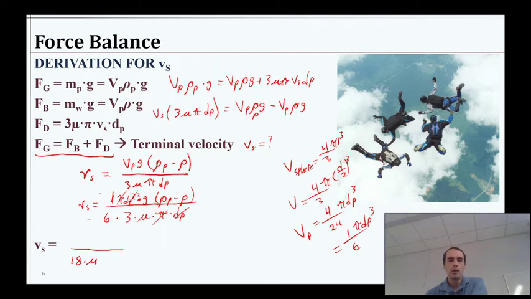So we'll end up with, and I'll just write it out exactly how our book has it, gravity times that difference in density times diameter of the particles squared. Does that make sense? Good.